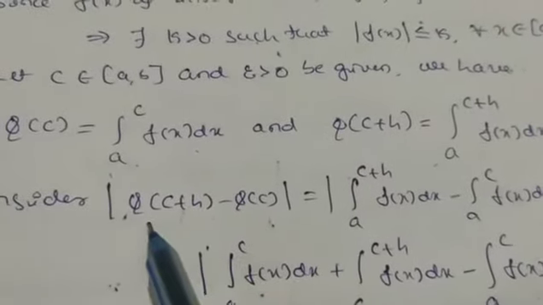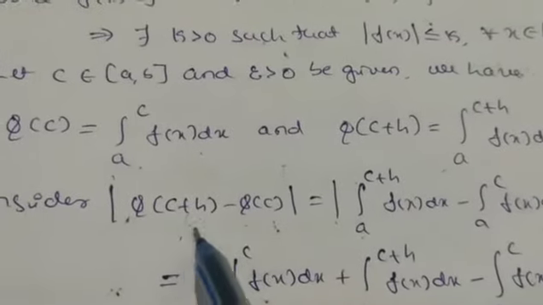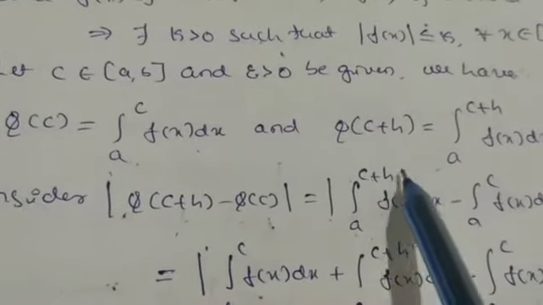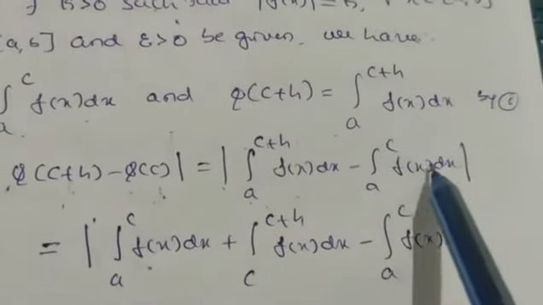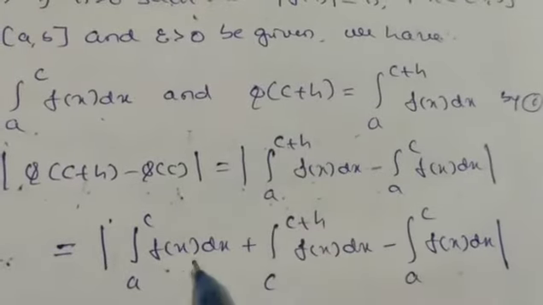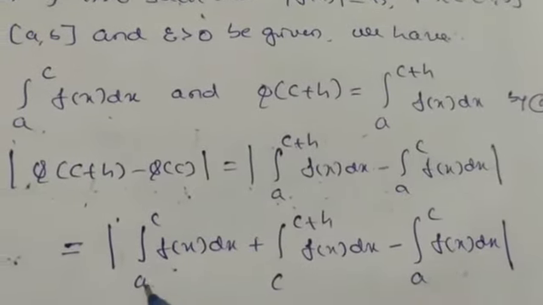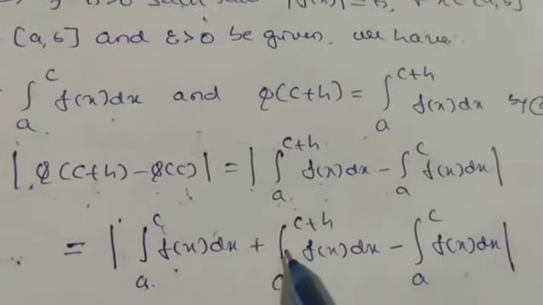Now consider mod of phi of c plus h minus phi of c, which is the mod of the integral from a to c plus h of f of x dx minus the integral from a to c of f of x dx. The integral from a to c plus h can be written as the integral from a to c plus the integral from c to c plus h.